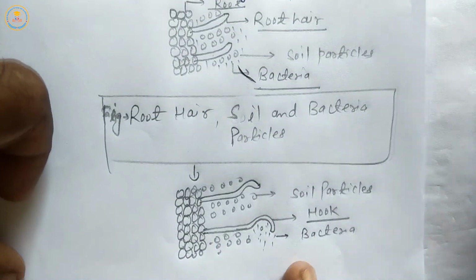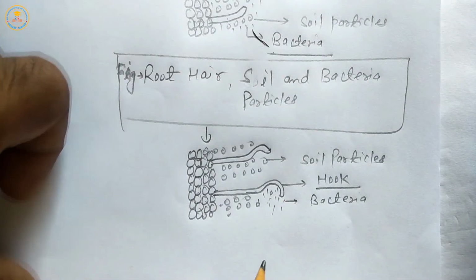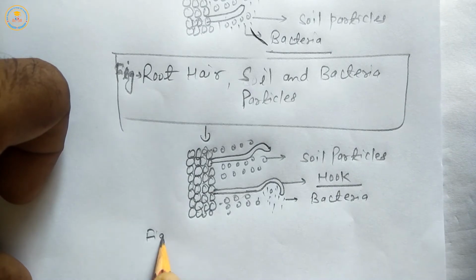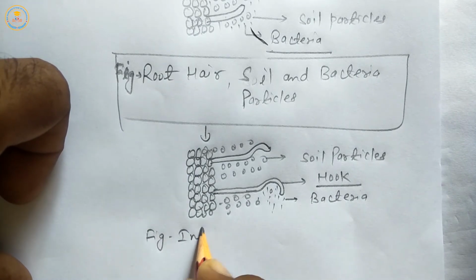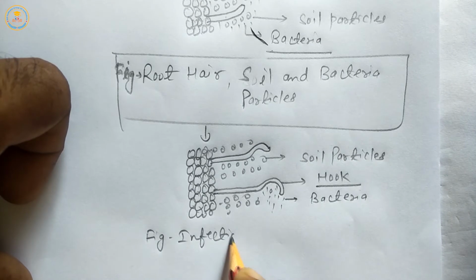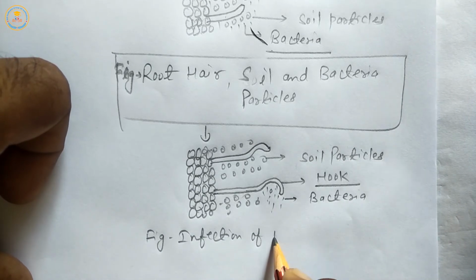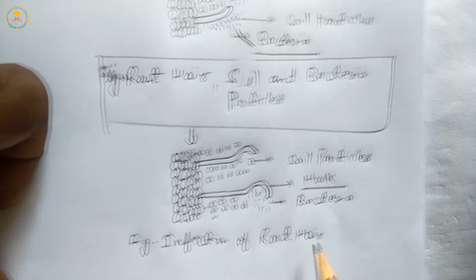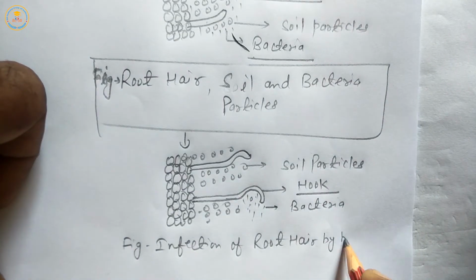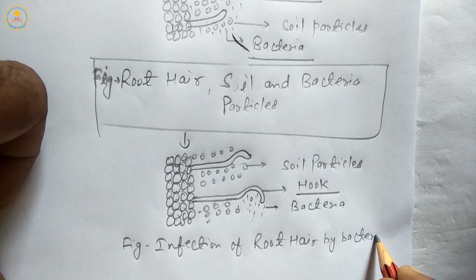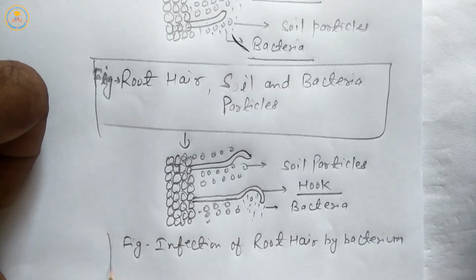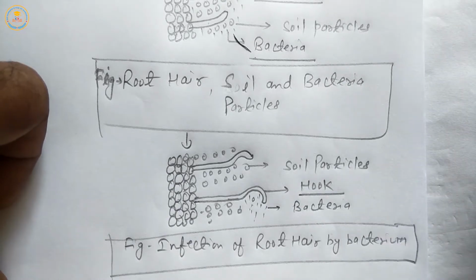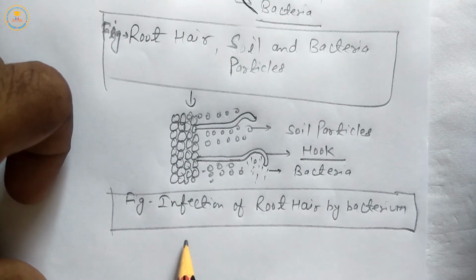Next, this is the figure of infection of root hair by bacterium. Students, this is the second step of formation of root nodules.